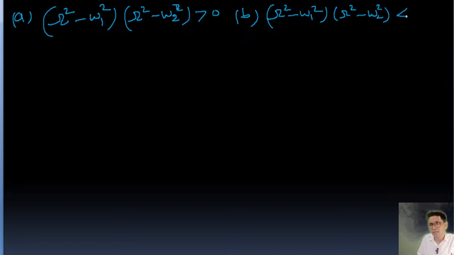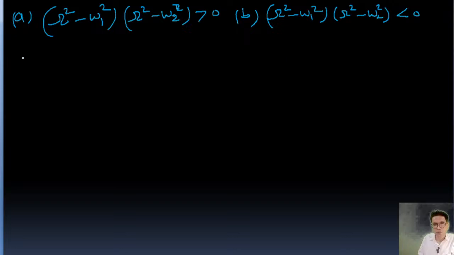And option B is omega square minus omega 1 square, into omega square minus omega 2 square, less than or equal to 0.